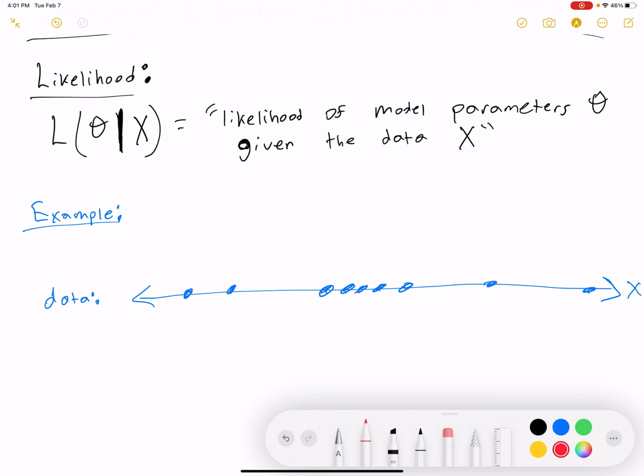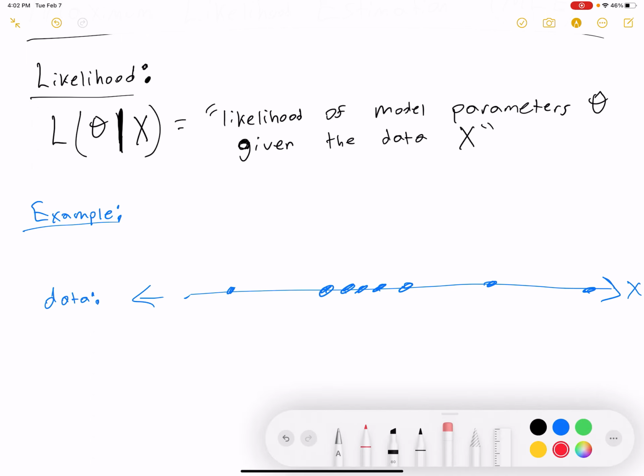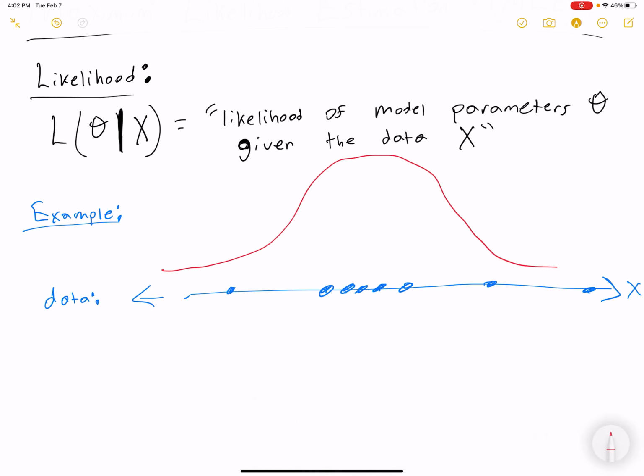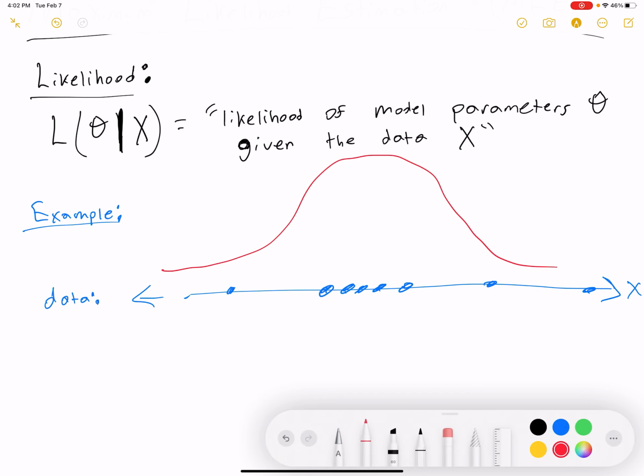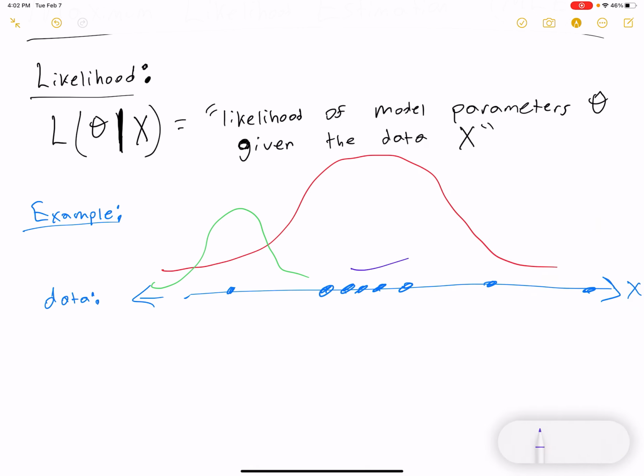Perhaps a normal distribution that fits the data well might look like that. Maybe a bad distribution that doesn't fit the data well might look like that. Another example of a bad distribution that doesn't fit the data well might look like that.